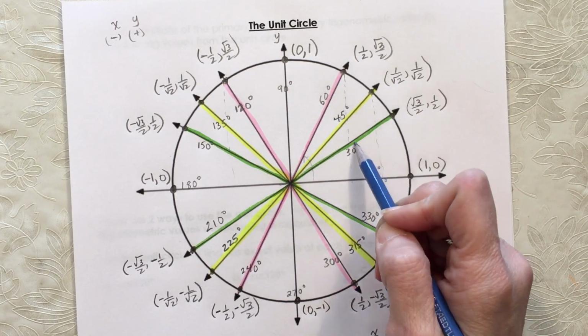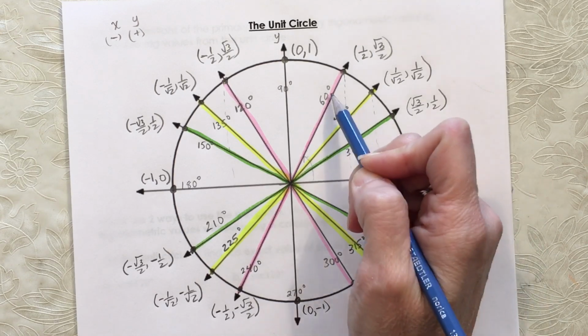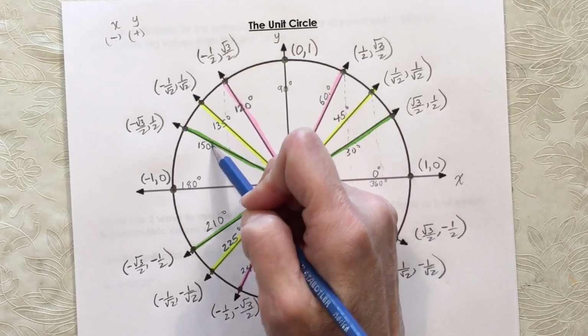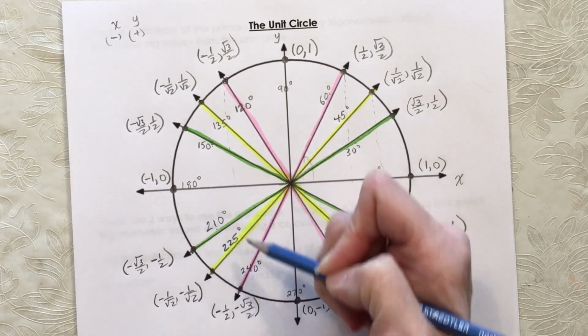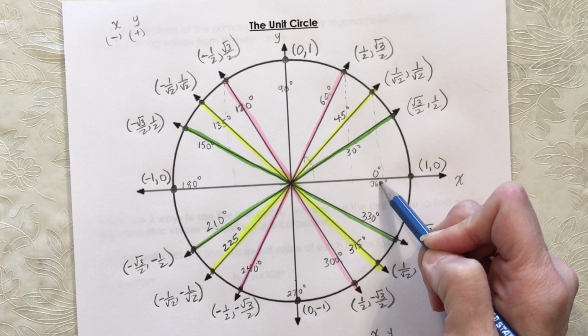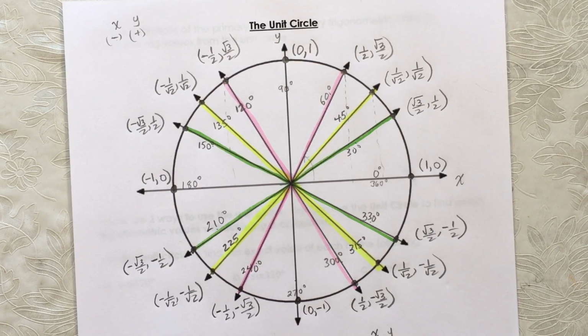So 0, 30, 60, 90, 120, 150, 180, 210, 240, 270, 300, 330, 360.